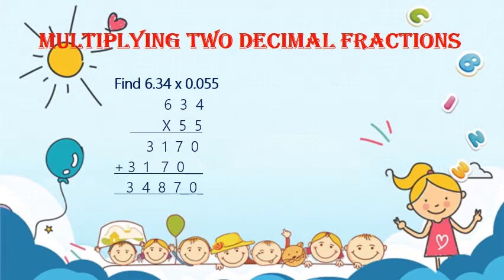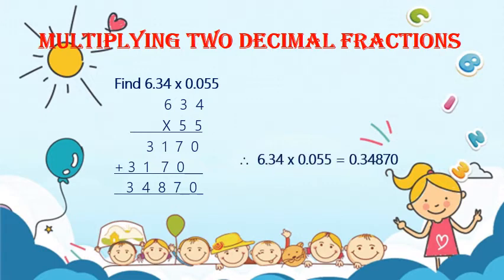Now what will we do? We will see the decimal places in both these numbers. The number of decimal places in the first decimal fraction, 6.34, is 2, and in the second decimal fraction, 0.055, is 3. So the total number of decimal places is 2 plus 3 equals 5, right?